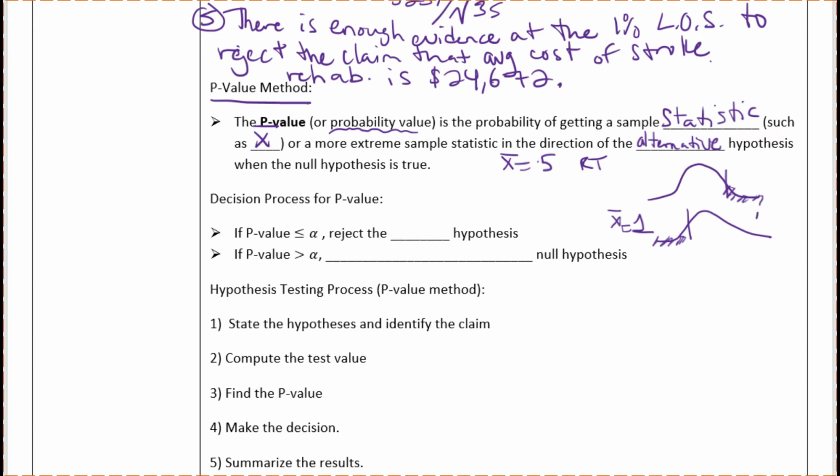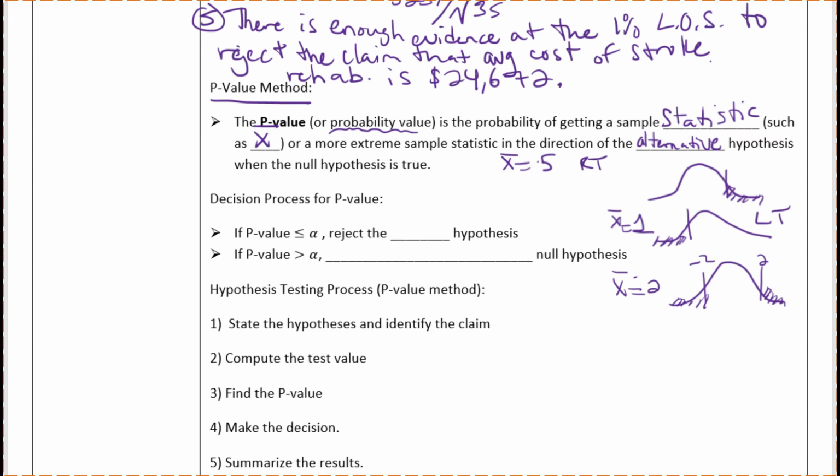So let's say I got x bar equals 2, then it's the probability of getting a sample statistic of either 2 in the positive direction or -2 in the other direction. So it's basically the probability of getting either side of the spectrum.